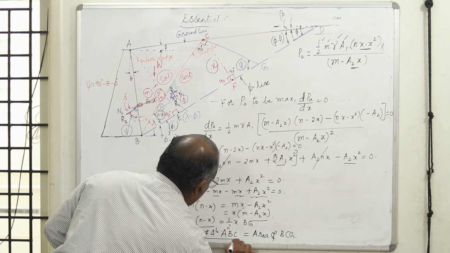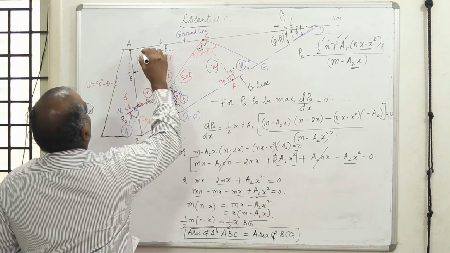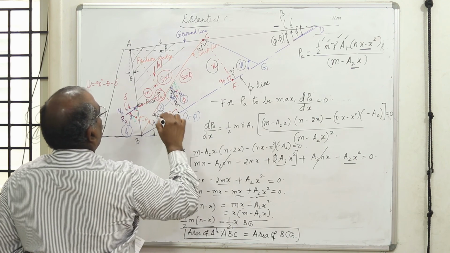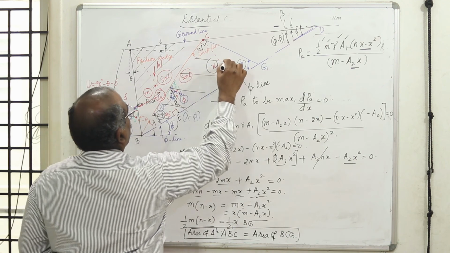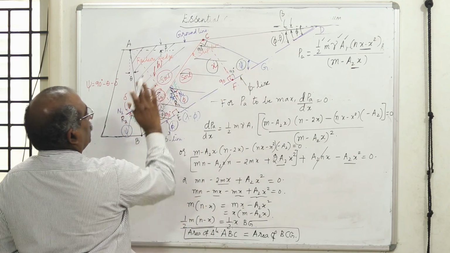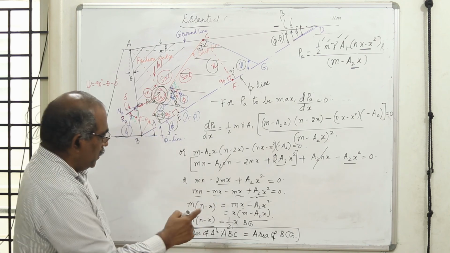This is the condition. That means the area of the failure wedge must be equal to the area of this BCG. When these two areas are same, then this thrust is going to be maximum. That is the condition.